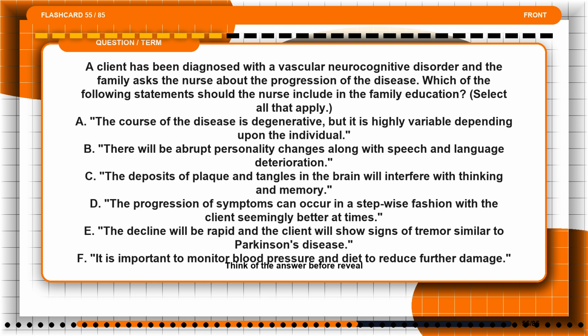D. The progression of symptoms can occur in a stepwise fashion with the client seemingly better at times. E. The decline will be rapid and the client will show signs of tremors similar to Parkinson's disease. F. It is important to monitor blood pressure and diet to reduce further damage. Think of the answer before the reveal.